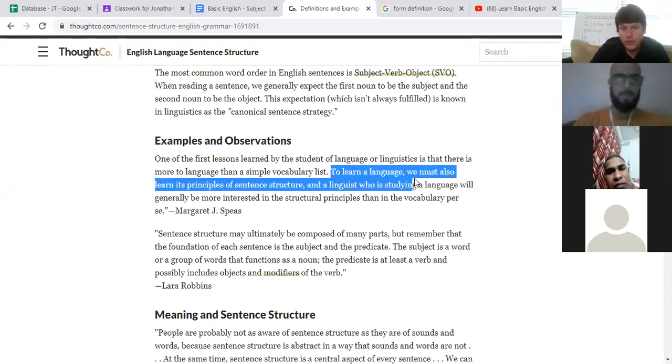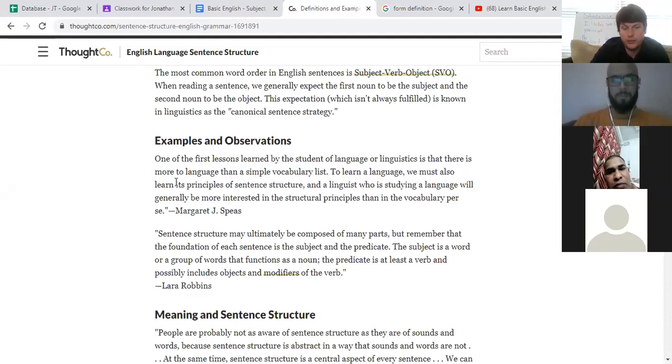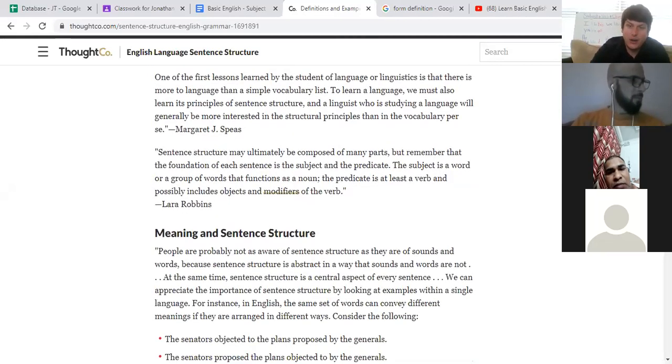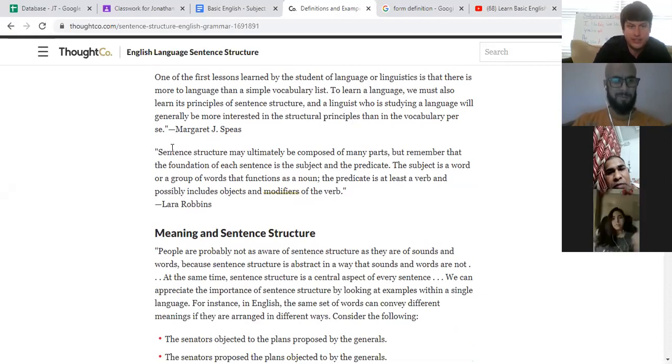To learn a language, we must also learn its principles of sentence structure. And a linguist who is studying a language will generally be more interested in the structural principles than in the vocabulary. Right? So now if you're trying to be advanced, you have to think about the structure and the form of the sentence.